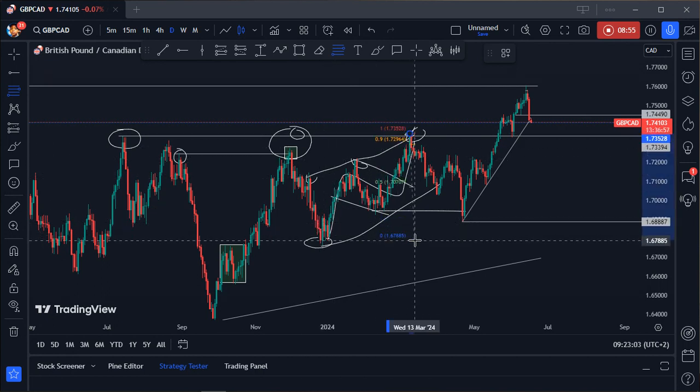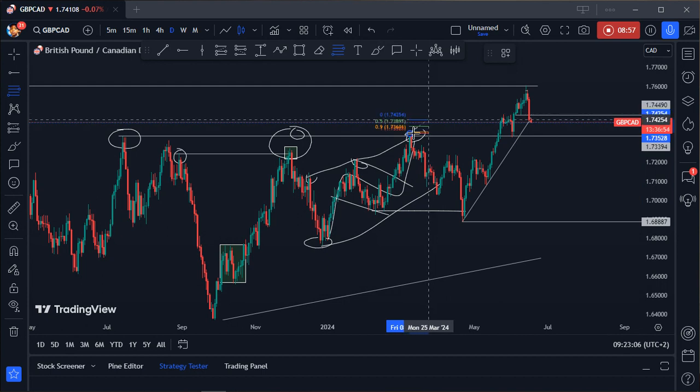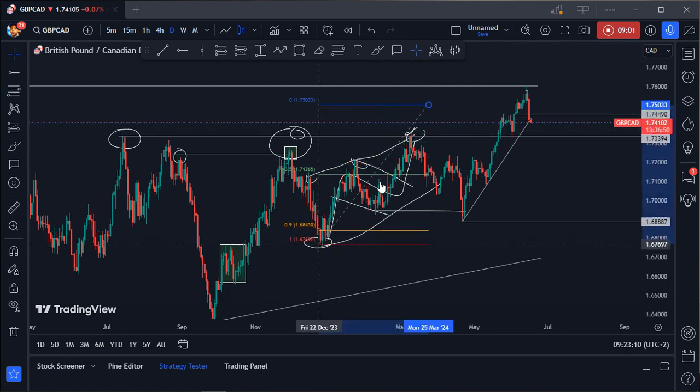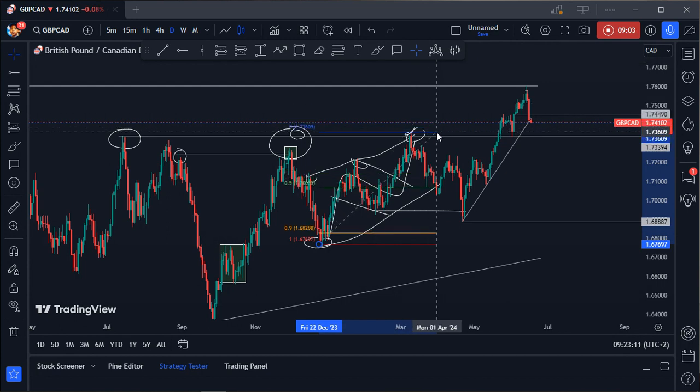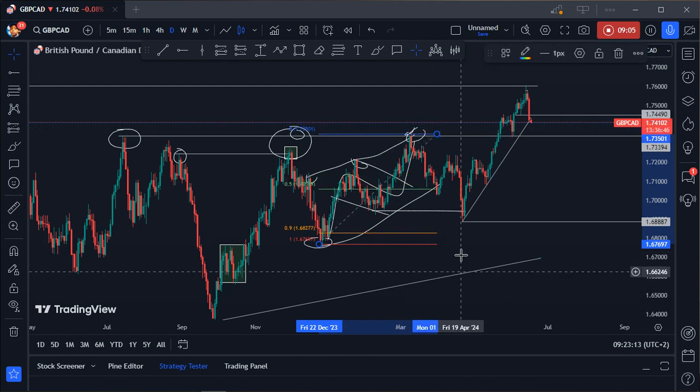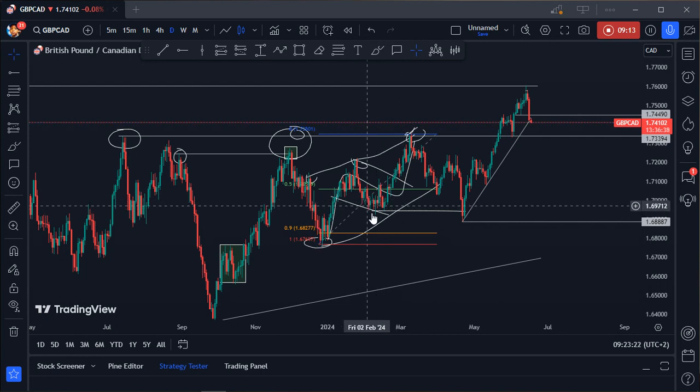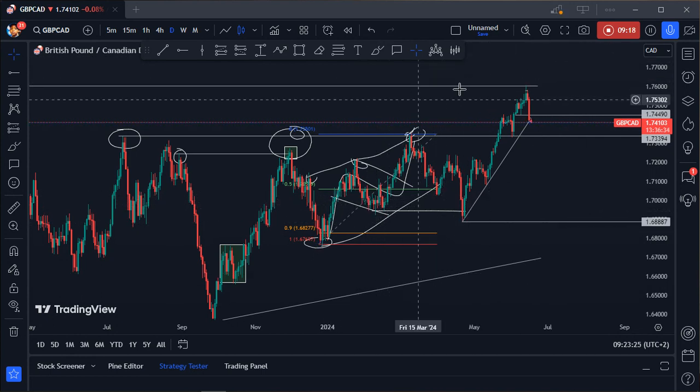That is what I'll be looking at. And as you can see, we didn't get to the 90%, but why? Because we had this original footprint, this middle section footprint. So price rejected from here to go and retest those highs.